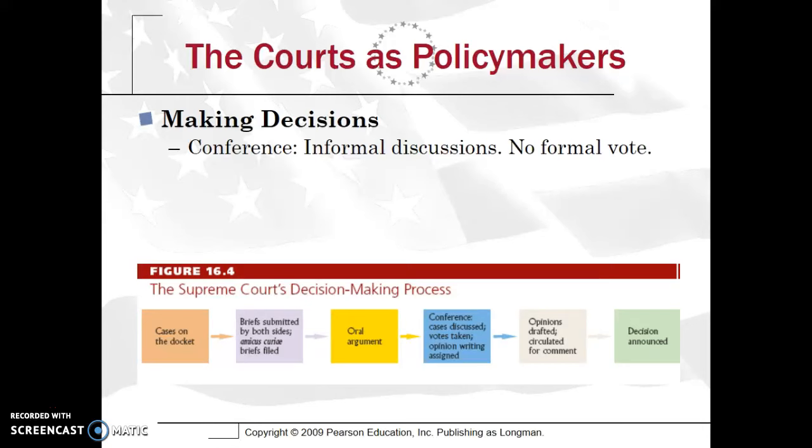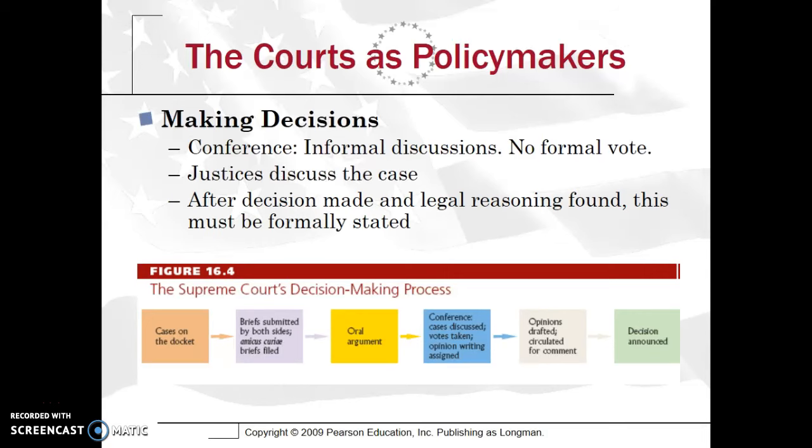So in terms of making the decisions after the case is heard, after the oral argument, conferences are going to begin, where you have basically an informal discussion. You're not taking a formal vote at this point, and the justices are just going to have a discussion. After the discussion, you might take an informal vote once again, and once a decision is made and you find a legal reasoning that is, of course, important in the U.S. Constitution, this has to be formally stated.